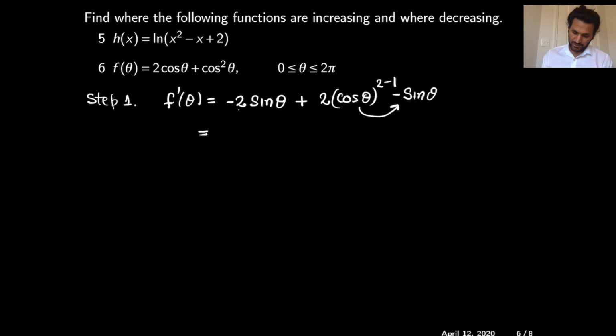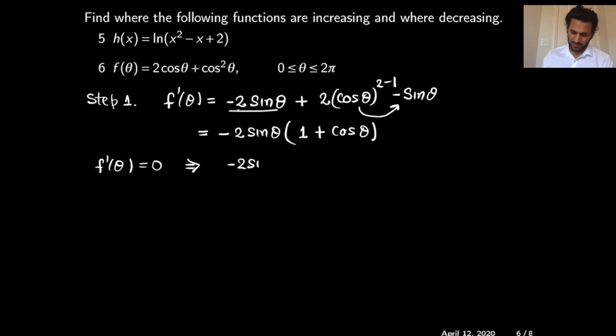So I can pull out 2 negative sine theta from both expressions. So it's going to give me 1 plus cosine theta. And if I put the derivative equal to 0, it will give me 2 sine theta times 1 plus cosine theta equal to 0.